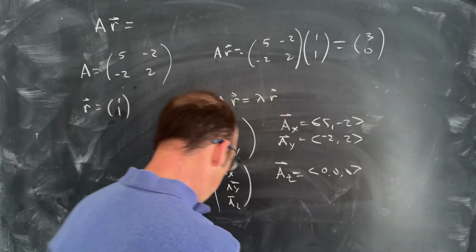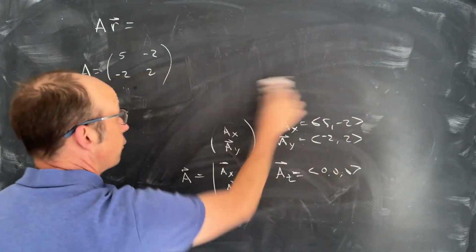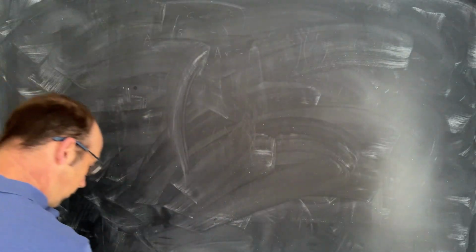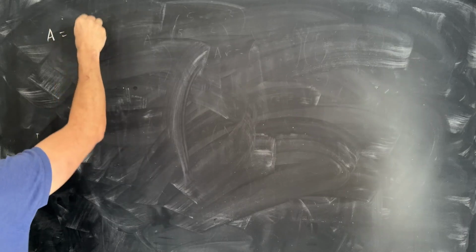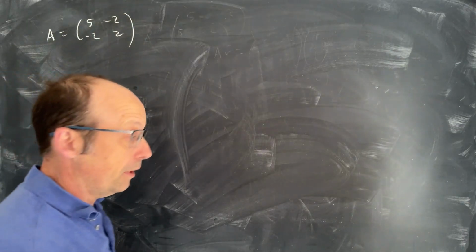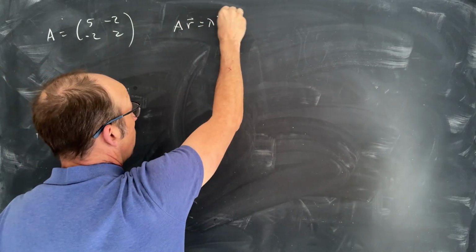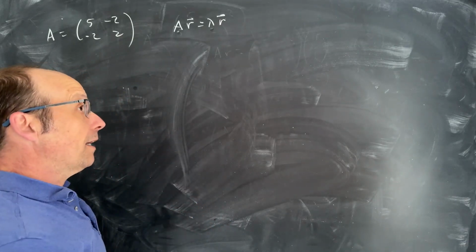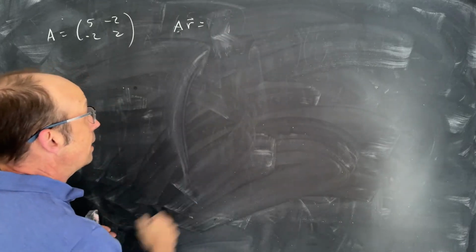So let's switch back over here, and let's find those vector values of R that work here. I'm going to move this. So I have A, 5, -2, -2, 2. That's the matrix we're going to deal with. And we want to say AR equals lambda R. So that's a scalar, and that's a matrix. One thing I can do is take this side and operate it with the identity matrix.